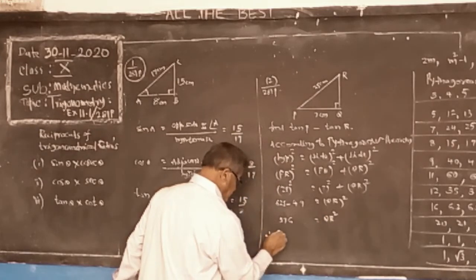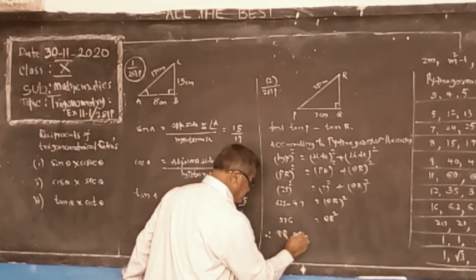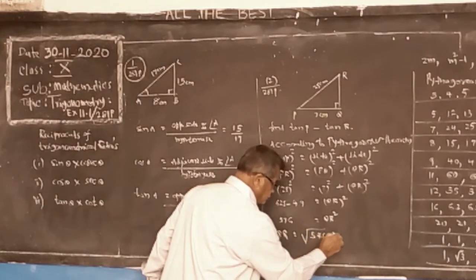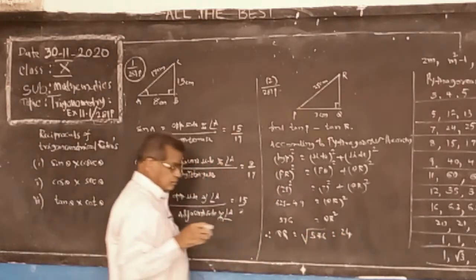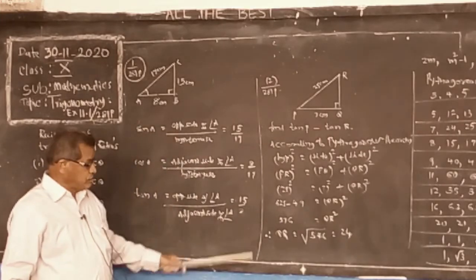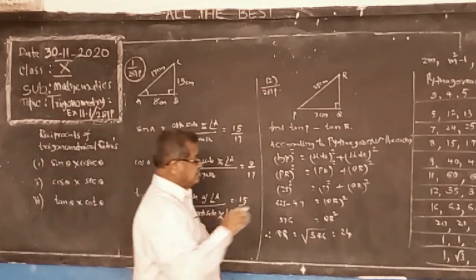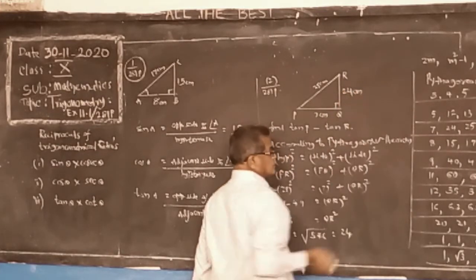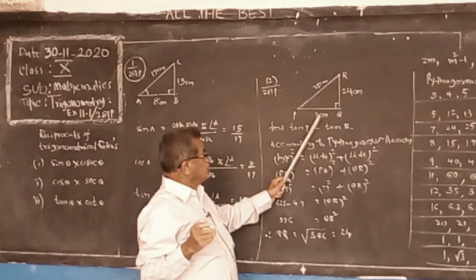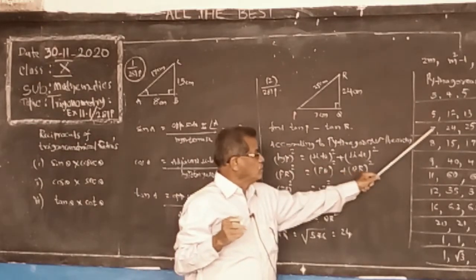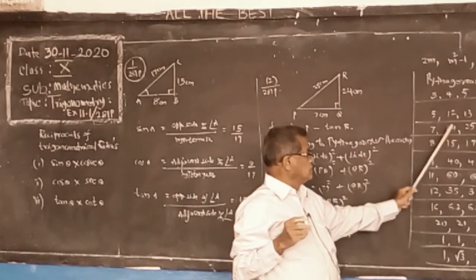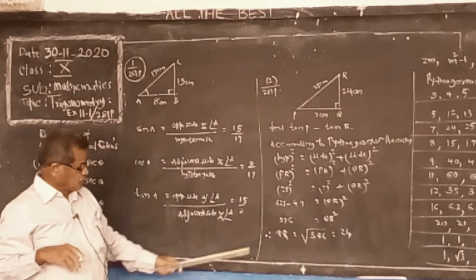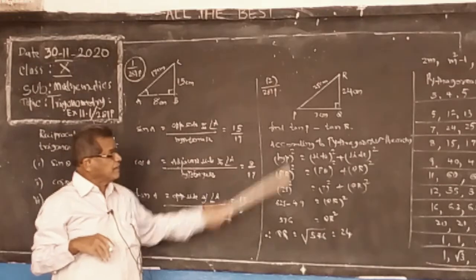Therefore, QR is equal to under root of 576, which is 24. Third side 24 centimeters. From the table also we know if 7 and 25, the third side is 24. So like this we can find.